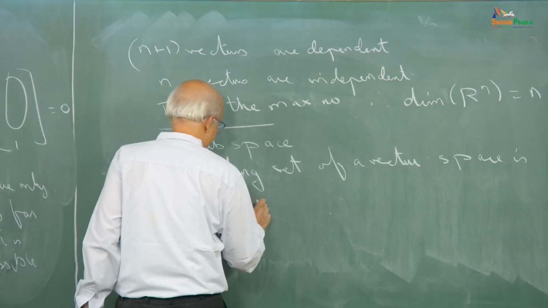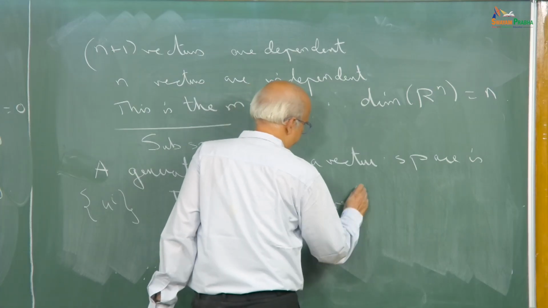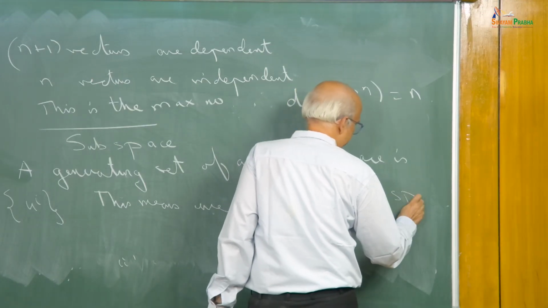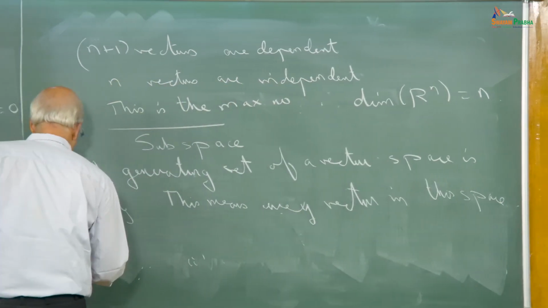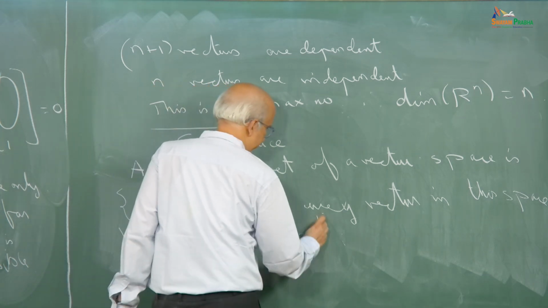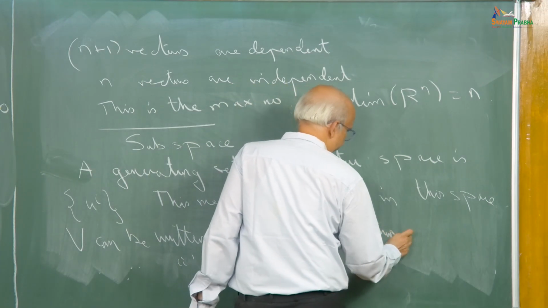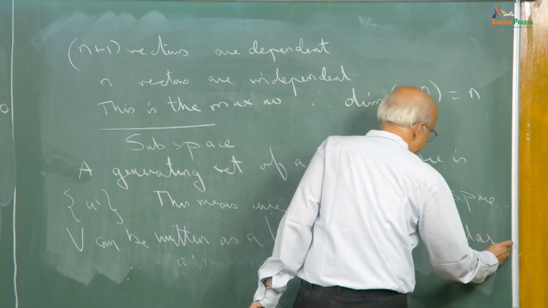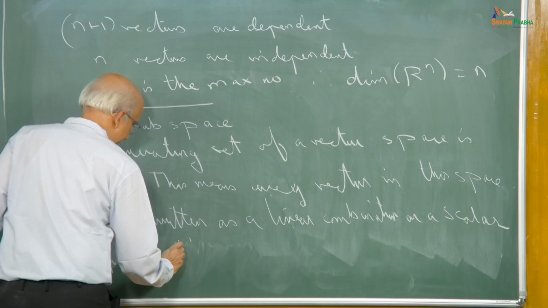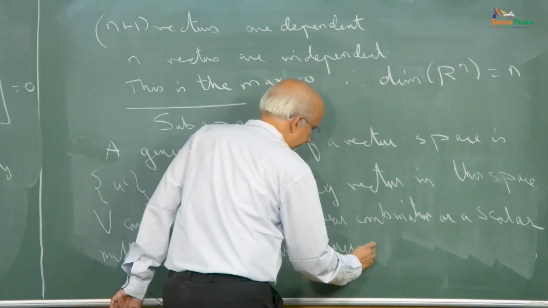This means every vector in the space, and let me call that space V, can be written as a linear combination or a scalar multiple of the vectors in the generating set.